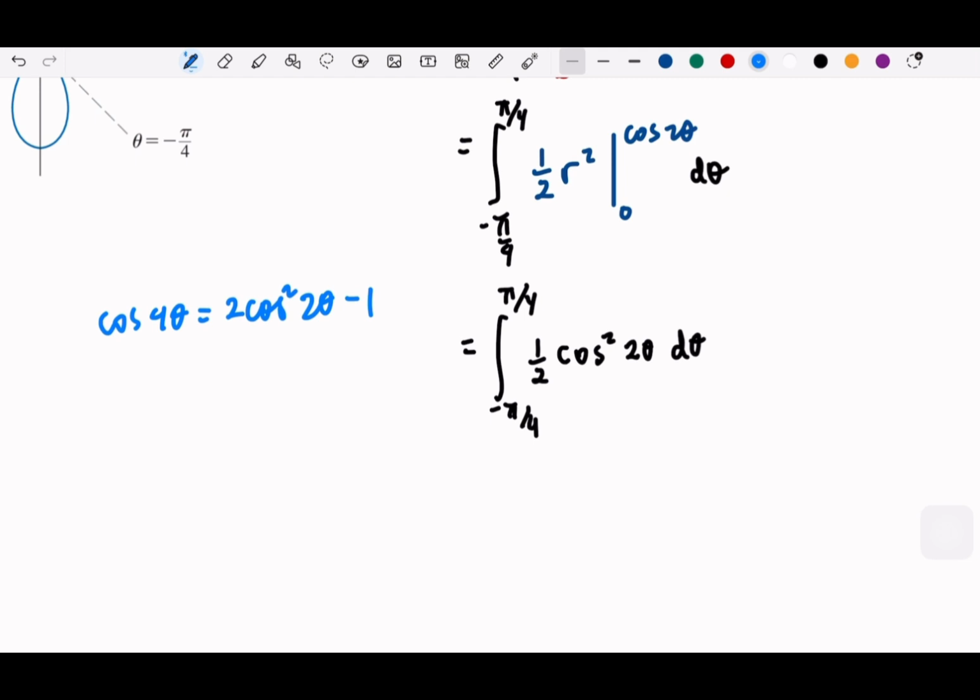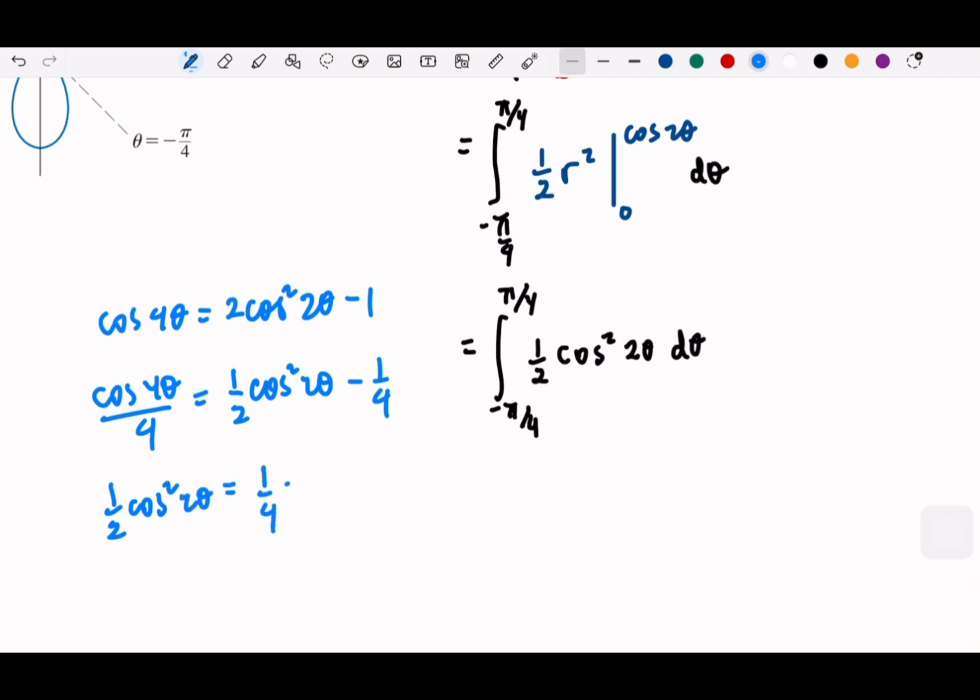So if we divide by 4, it will be half, and this will be 1 over 4. So half of it is 1 over 4 plus cos 4 theta over 4. So we can change into this 1 over 4, and I will pull out this 1 over 4 here.